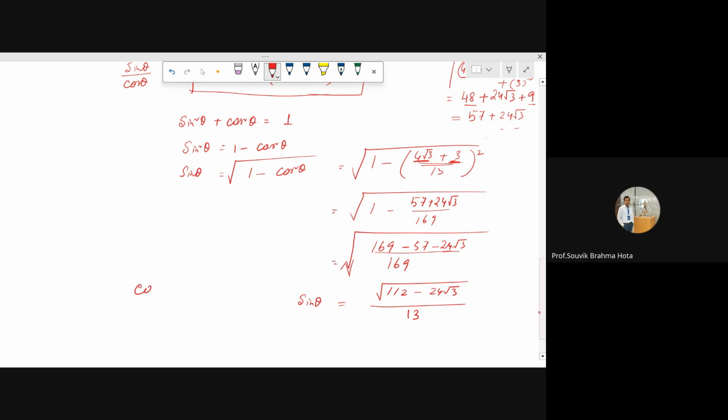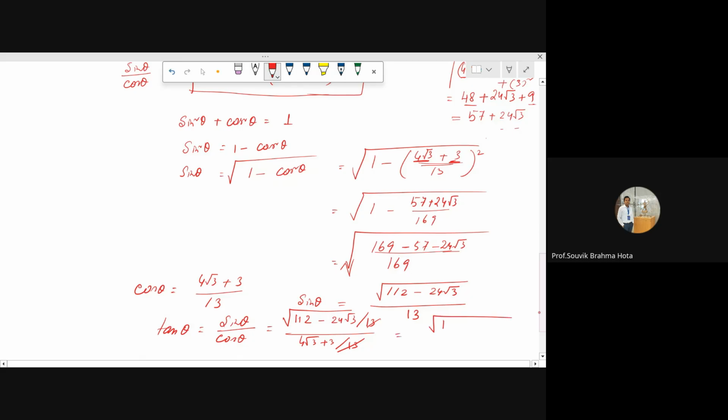Cos theta we already know. Cos theta is equal to (4 root 3 plus 3) divided by 13. Now tan theta. Tan theta is equal to sin theta by cos theta. Sin theta upside, if I keep (112 minus 24 root 3) divided by 13, and below it is cos theta, (4 root 3 plus 3) divided by 13. 13 and 13 get cancelled.